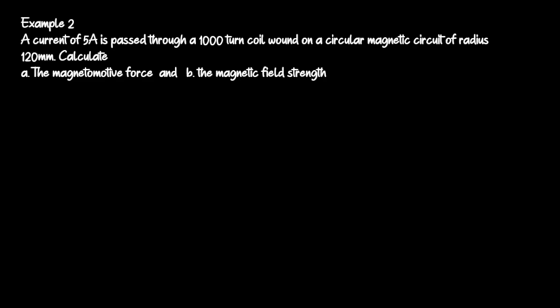A current of 5 amperes is passed through a 1000-turn coil wound on a circular magnetic circuit of radius 120 millimeters. Calculate A, the magnetomotive force, and B, the magnetic field strength. All right, so let's proceed to look at the answer. So I write down my solution.